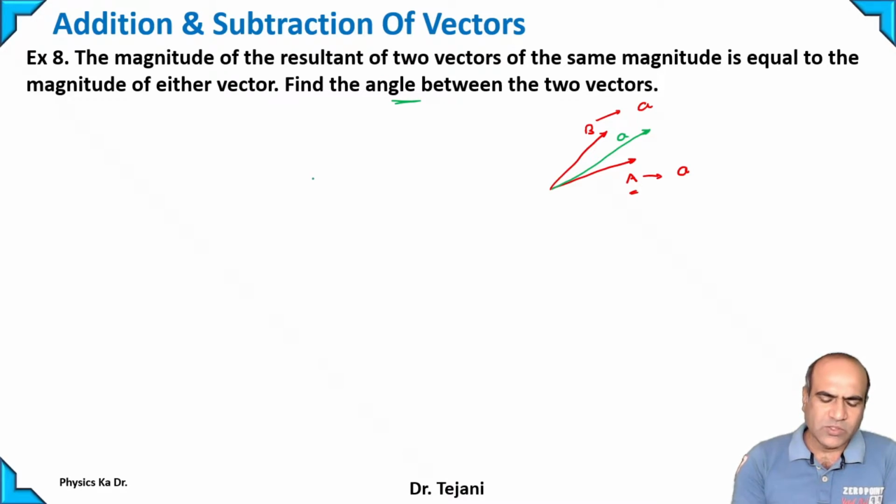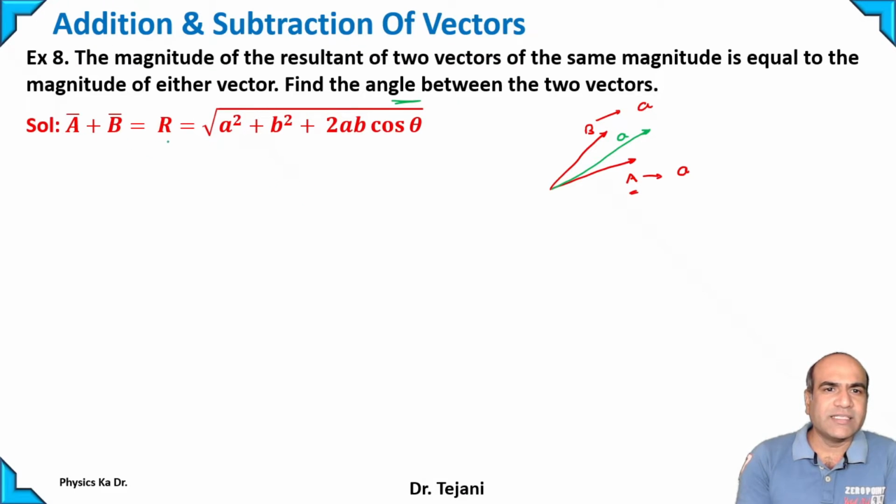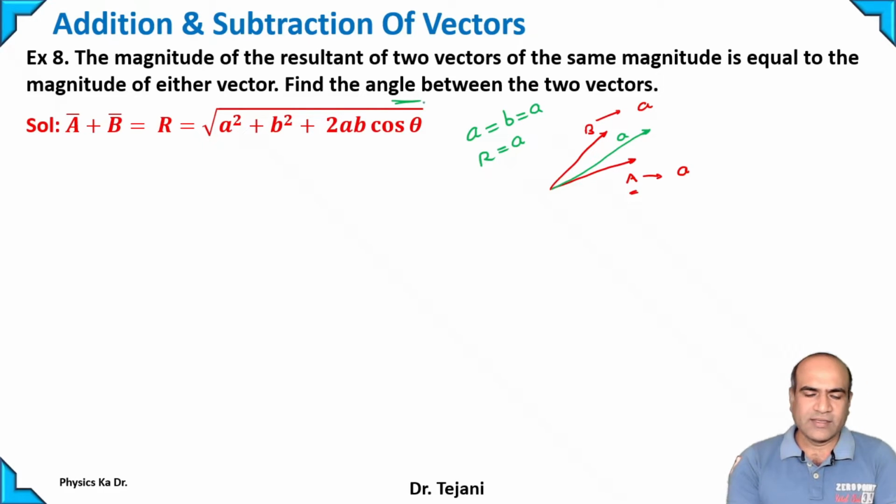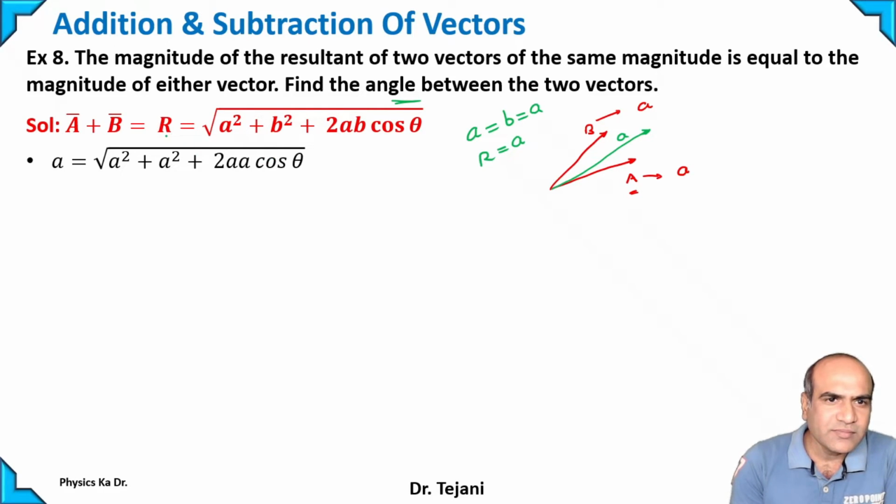So we know the equation: resultant is equal to under root A square plus B square plus 2AB cos theta. Here it is mentioned A is equal to B. So let's take A, as well as the resultant is also A. So let's put the data. R is equal to A square is itself A square, B square becomes A square, 2AB becomes 2A square cos theta.